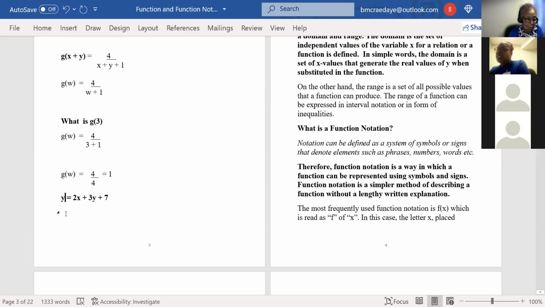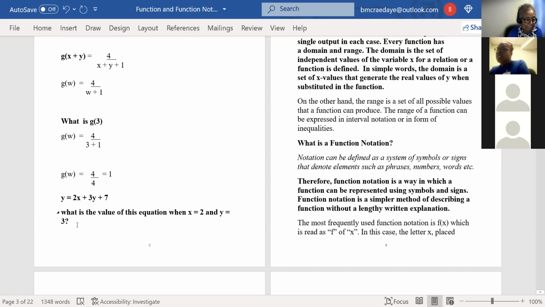What is the value of this equation when x equals 2 and y equals 3? What would you tell me, Latoya?